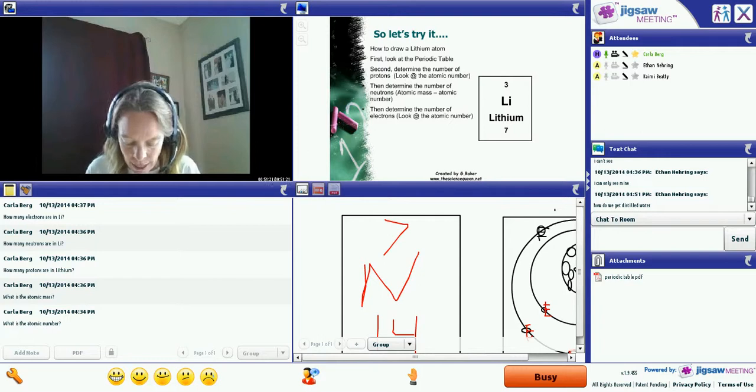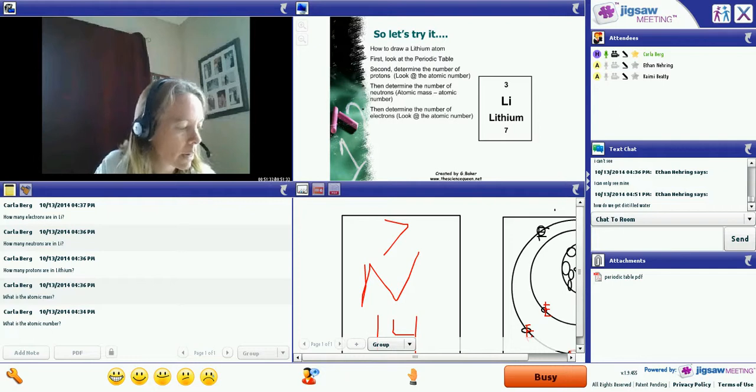Okay, the plastic toothpicks that you guys have, you are going to need. So just click yes when you are all set to begin the lab.